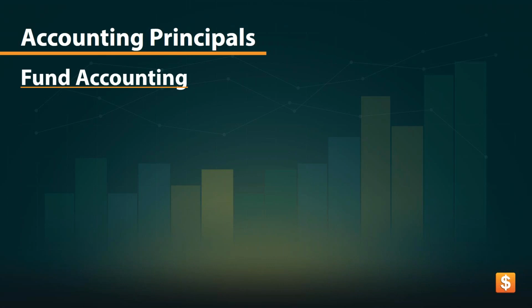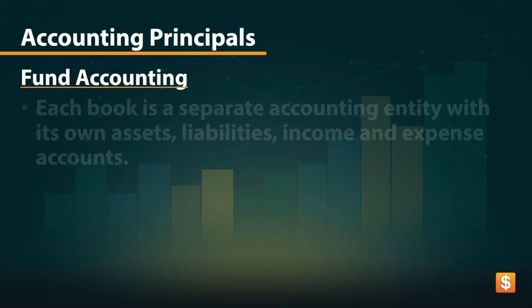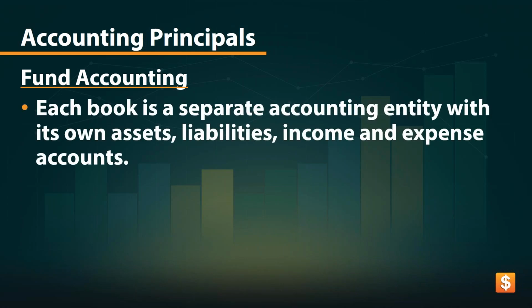We're going to start out with accounting principles, and one of the first things to know about Church360 Ledger is that it is fund accounting. Number one, each book inside of Church360 Ledger is a separate accounting entity with its own assets, liabilities, income, and expense accounts.